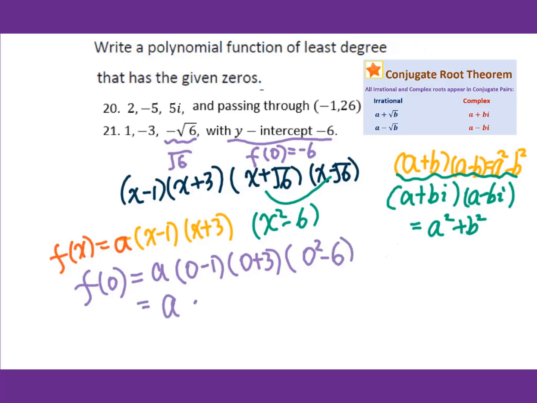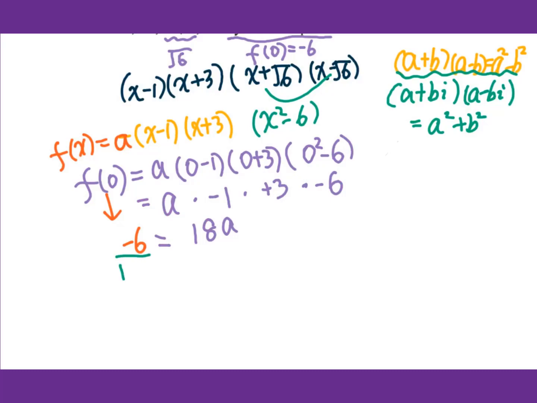Get a times negative 1 times positive 3 times negative 6. Get positive 18a. Since f of 0 equals negative 6, so I put the negative 6. Then I divide by 18 both sides.